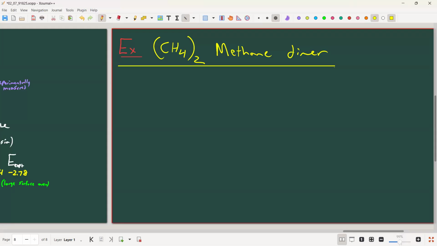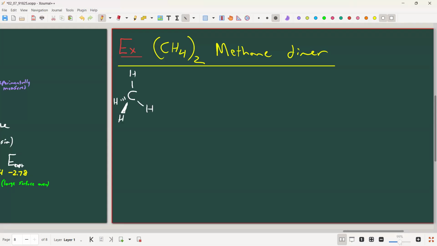So the way the methane dimer looks, and actually, strangely enough, this was a point of controversy in the 1990s. What does the dimer of methane look like? There's lots of different ways to orient two methanes together, and it was never very clear which one is more stable.